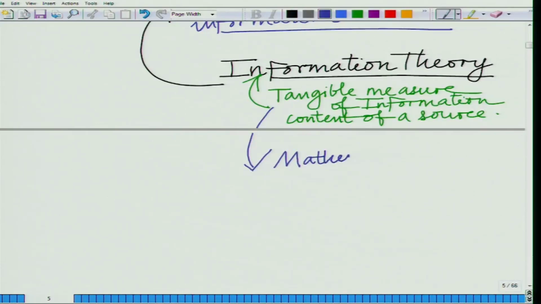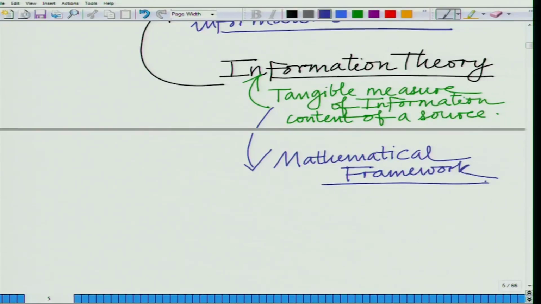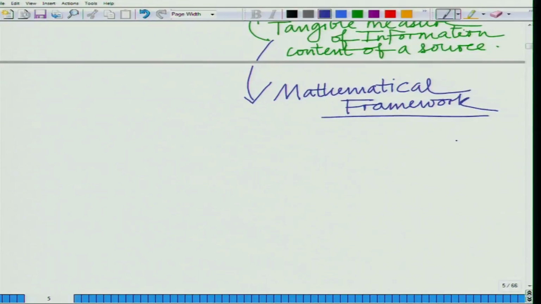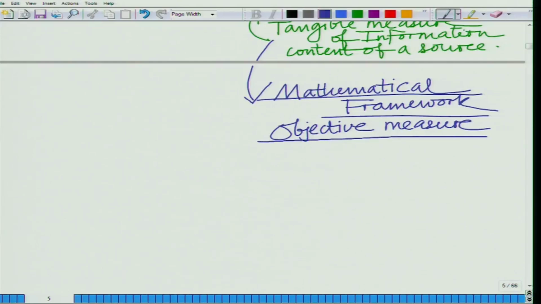We are talking about not a qualitative, but rather a quantitative framework. We know qualitatively what constitutes more information. It is an objective measure, removed from personal perception.